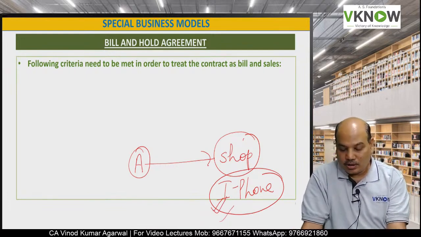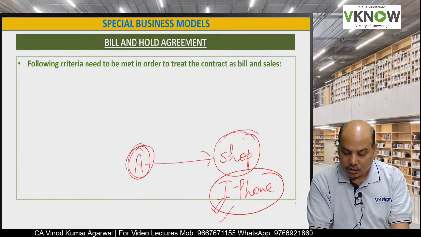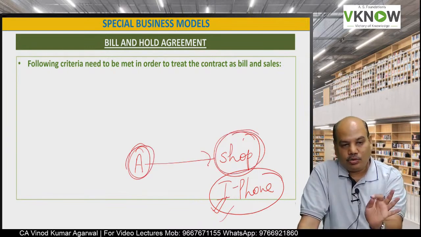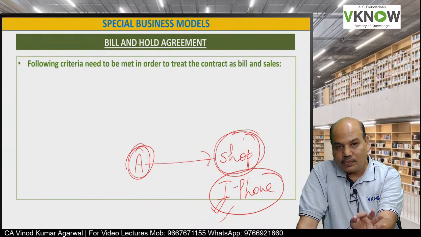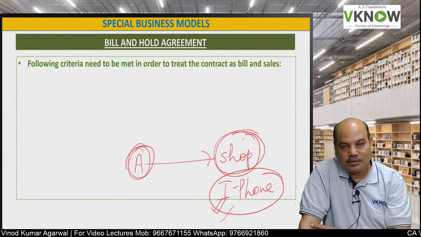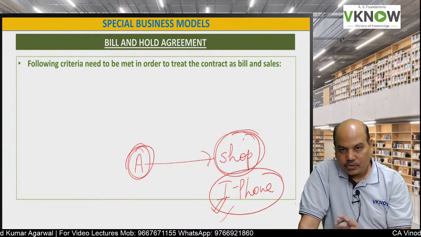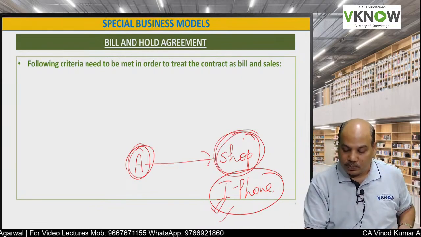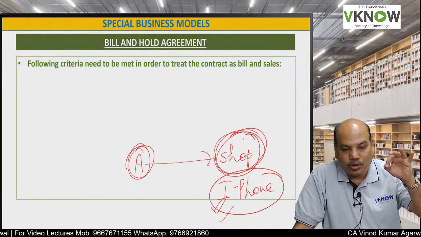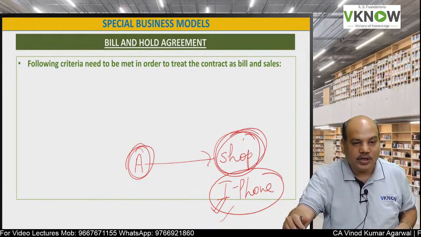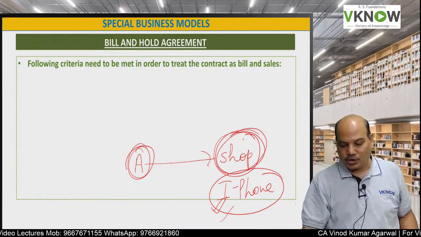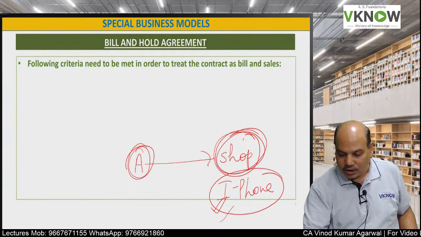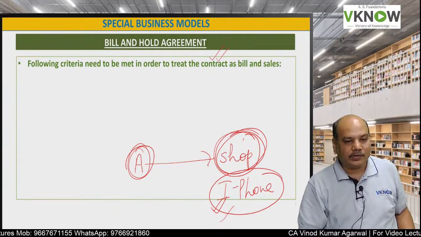But then customer A tells the shopkeeper to hold it on his behalf, saying he will come and collect it after 3 days. This is called a bill and hold arrangement. Whether the shopkeeper will recognize the revenue now or after 3 days is the question. And this is again a theory question for 4 to 5 marks in the exam.